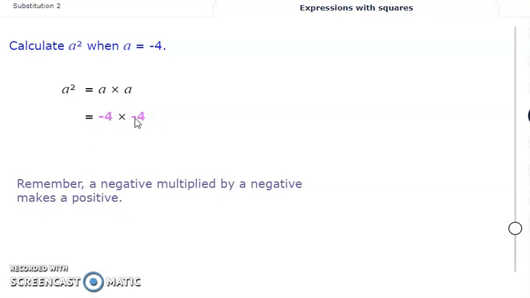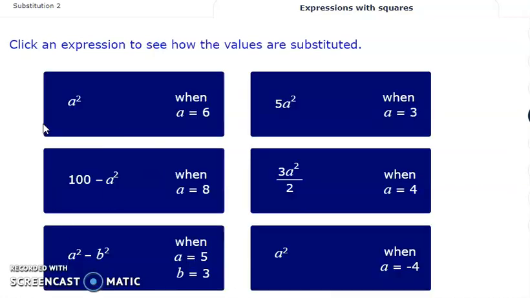So these two negative signs will give you positive, and 4 times 4 will give you 16. So this is positive 16. We usually don't write the positive sign, so it is just written 16. I hope this is clear to you. In a similar way, you can solve the remaining questions to check whether you understood or not.